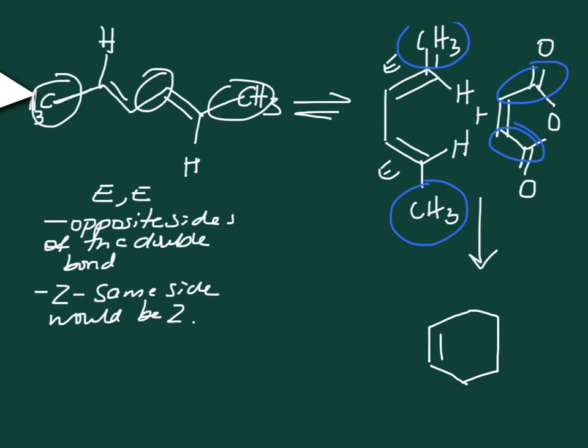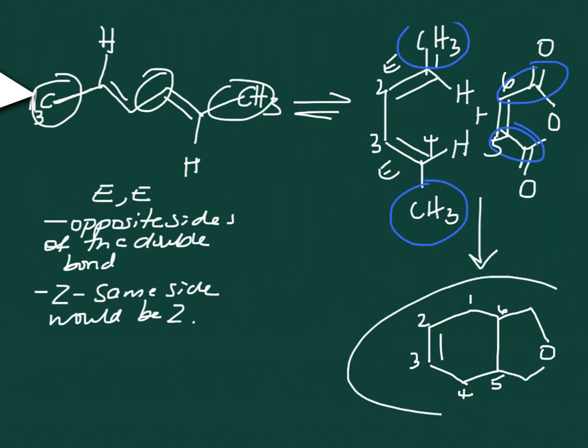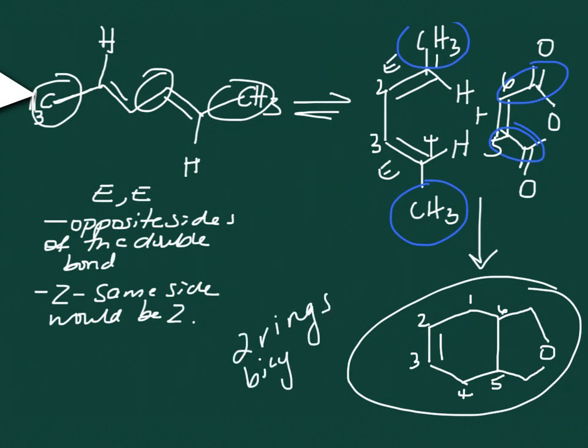So it's 1, 2, 3, 4, 5, 6. 1, 2, 3, 4, 5, 6. Now, typically, so here we have our product and there are two rings. This is a bicyclic.